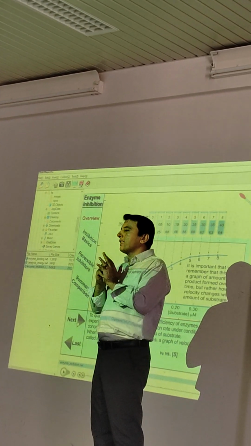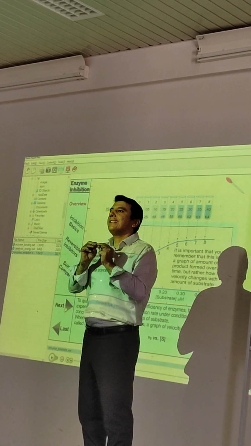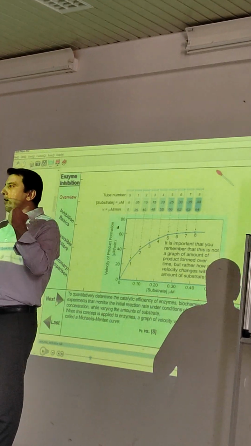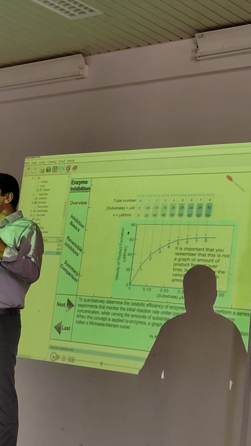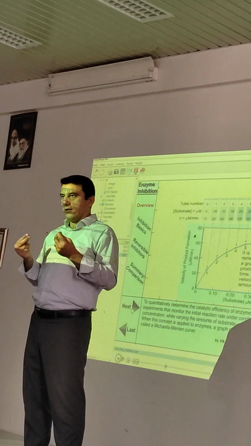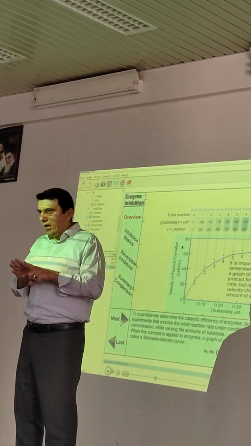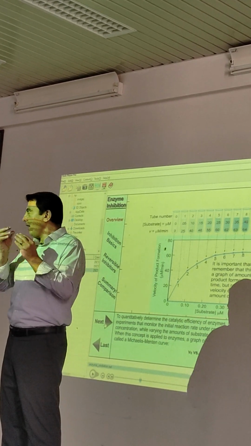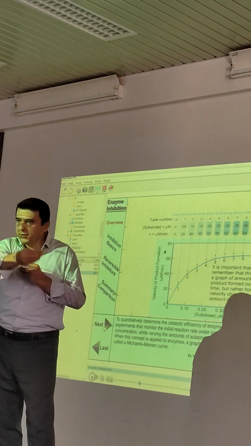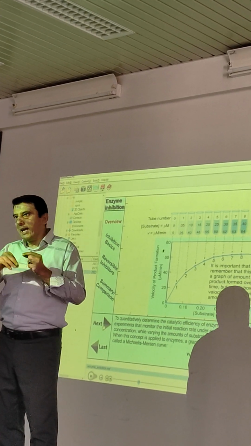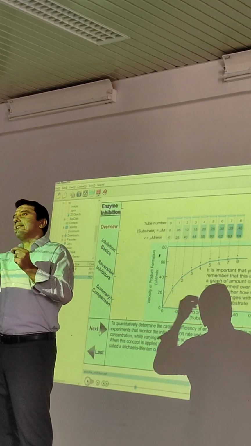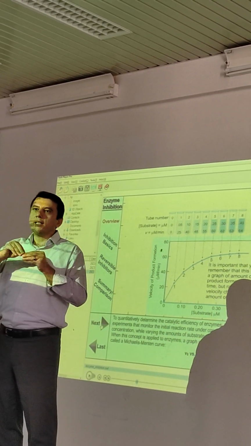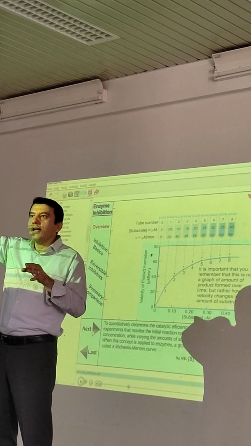So what is the explanation for enzyme kinetics? The explanation is if we give more substrate to the enzyme, it has more speed, but the speed will increase only to a level.